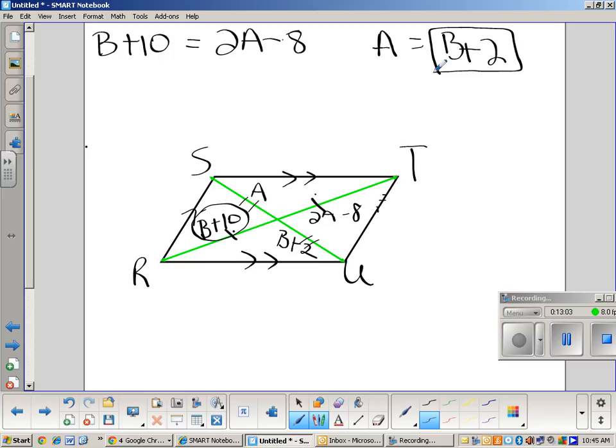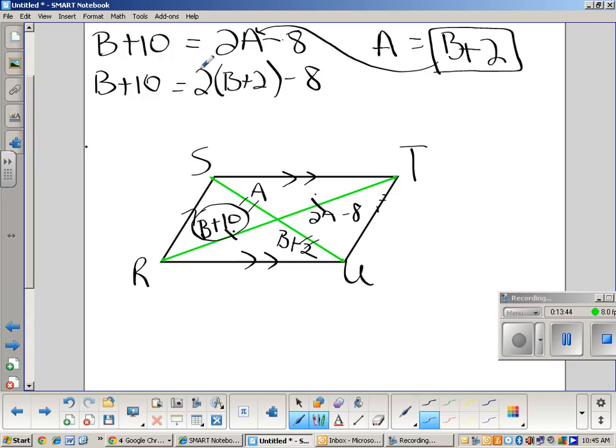So I can go back to the first equation and substitute everything in for A. I can rewrite this as B plus 10 equals 2 times the quantity of B plus 2 minus 8. Notice how I just substituted everything in that box for the new value of A. I put parentheses around it to make sure you distribute, not just multiply by 2. So I can solve for B because I'm down to one variable.